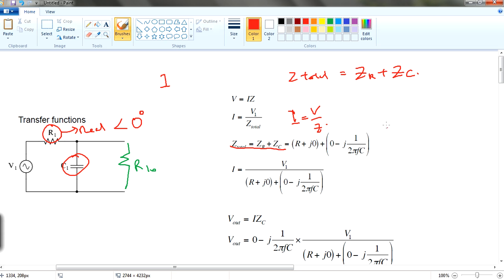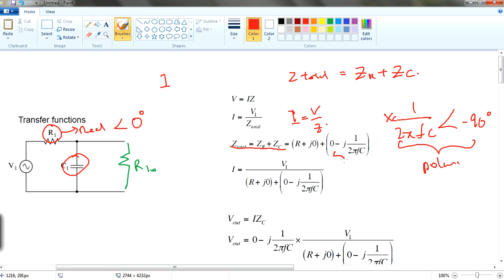However, for ZC, you will have 1 over 2 pi FC, right? This is the XC thing, and then you have a phase angle of negative 90 degrees, a lagging phase. This is the polar form.